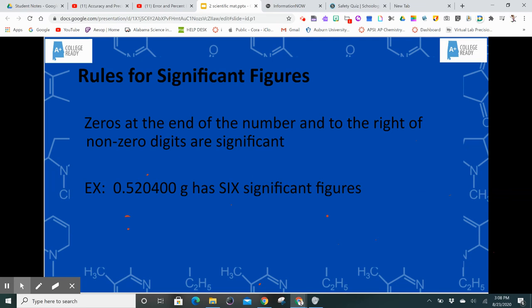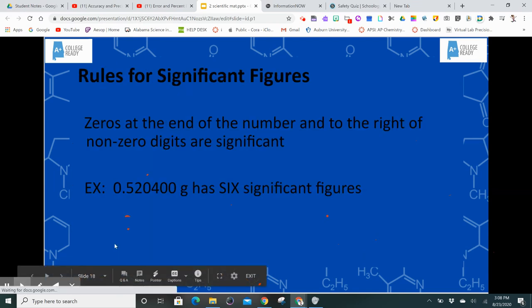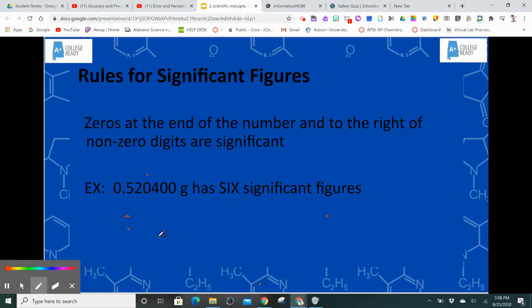This has 6 significant digits because of these last 2 zeros right here. We have to think about those because they're at the end of the number. They are to the right of a non-zero digit. So are they significant or not? And yes, they are significant.